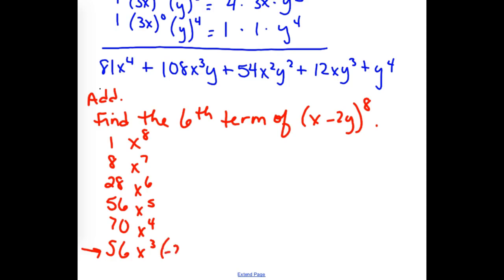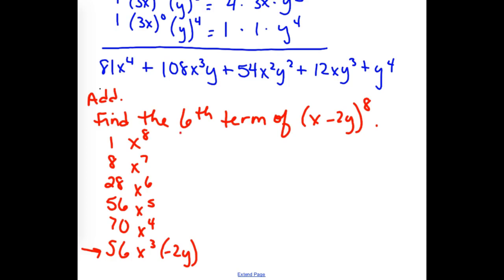So do we have to fill in all of the negative 2y's, or can we figure out what the powers should be? Let's make a decision here instead of just tossing out numbers.